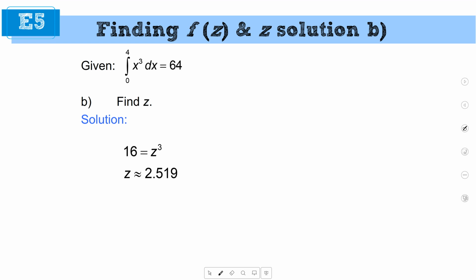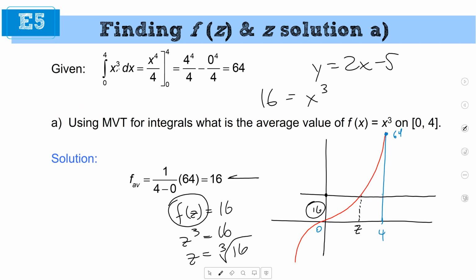But if you plug it back into the equation, isn't it just 16? Yeah. But you don't have to plug it in. I just want to know where the x value is. Which means that this is going to happen at 2.519. That's the x value that gets me the f of z or y value of 16. Where those two things intersect.